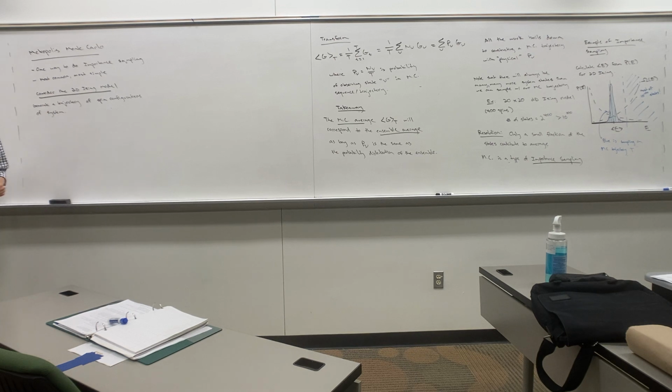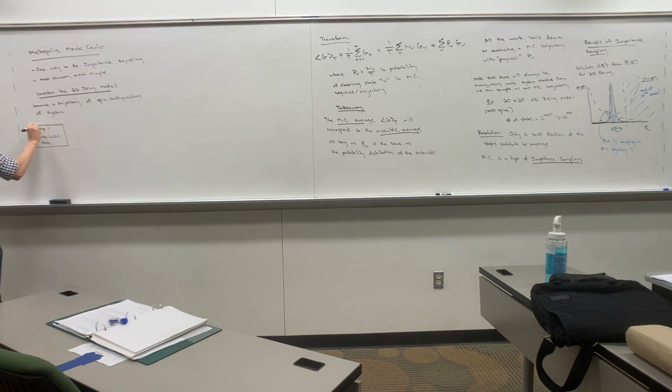Okay? So the way we're going to do this is we're going to pick an initial state of my system, and then we're going to do Monte Carlo moves to make new states from the initial state. Okay? And so the workflow is step one, we choose an initial state. Okay?